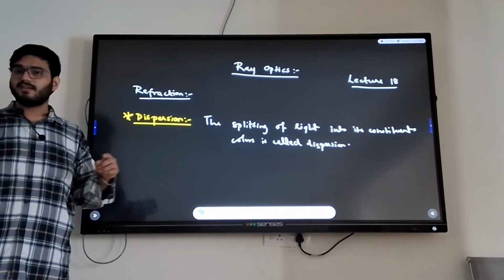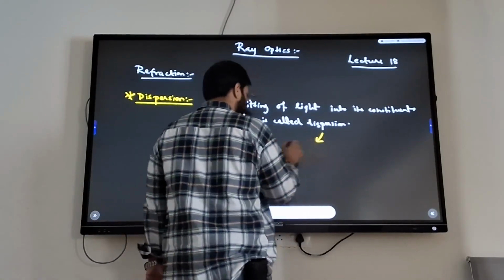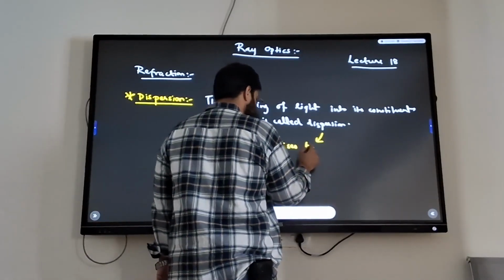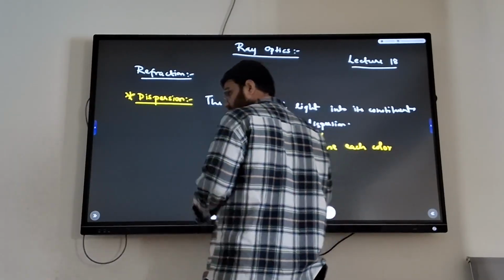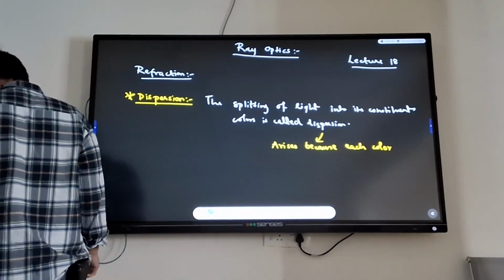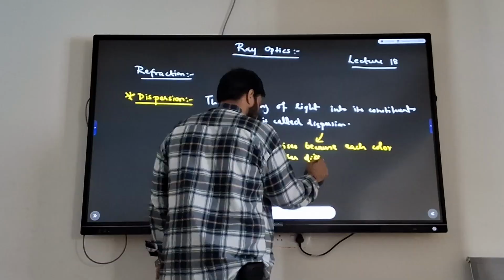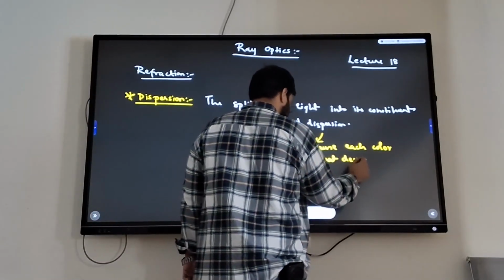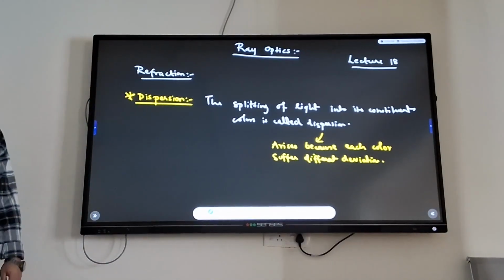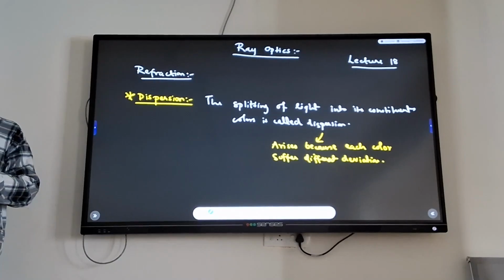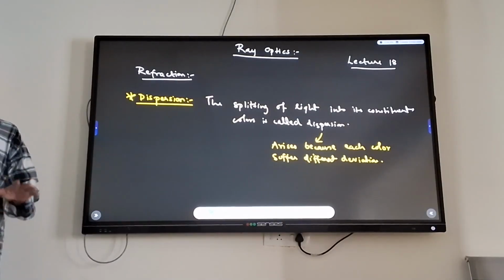It arises because each color suffers different deviation. Is it all okay? When we talk about dispersion, there are two important things: dispersion and deviation. Please don't get confused between the two. They are two different things.